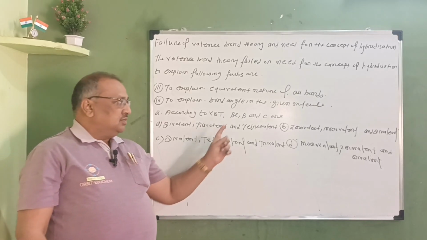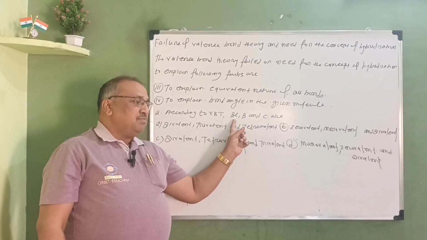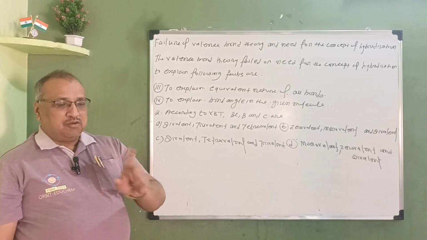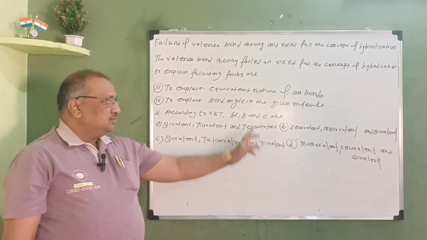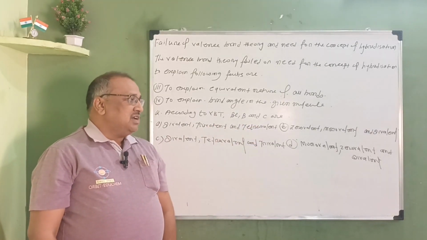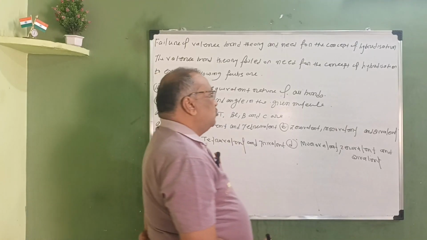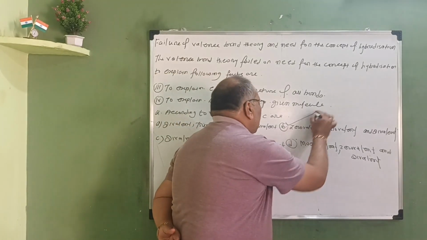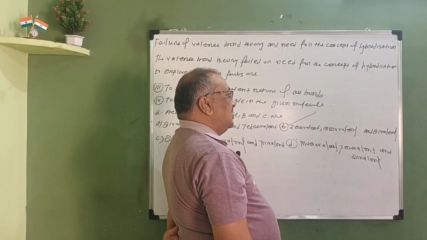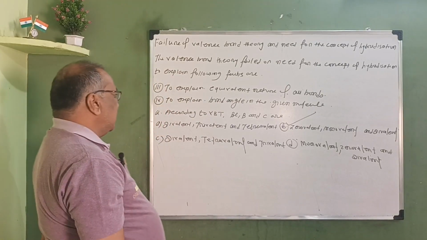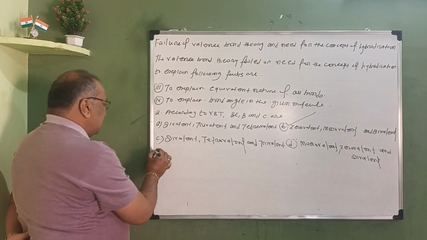Now, beryllium has no unpaired electron in the valence shell, therefore it is zero valent. Boron has 1 unpaired electron, so it is monovalent, and carbon has 2 unpaired electrons, so it is divalent. Here the correct answer is zero valent, monovalent and divalent.